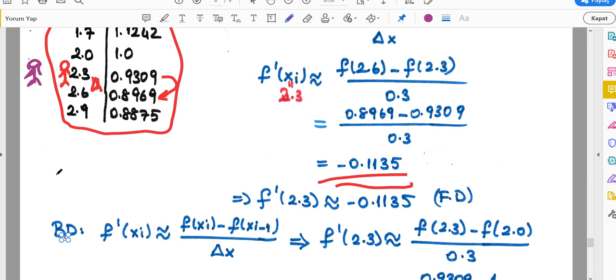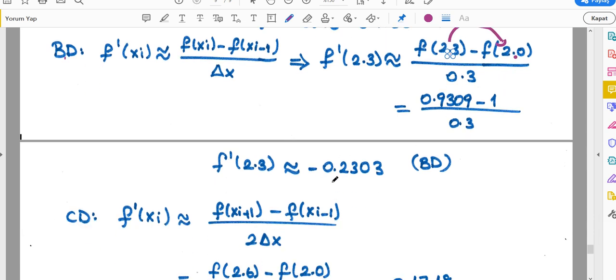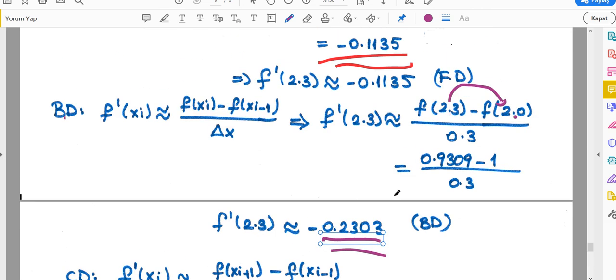But what do you say backward? Backward means you should use your previous one, the history. So I'm going to the previous one: f of 2.3 minus f of 2.0, divided by the increment from here to here, which is 0.3. So you do the calculation, and finally you get that one. Okay, guys.